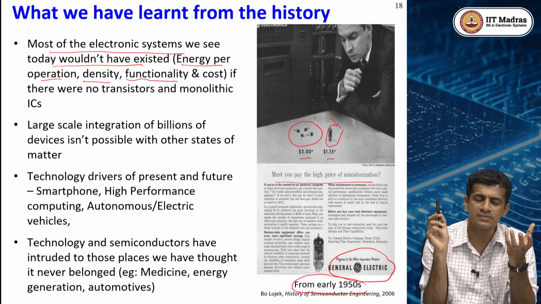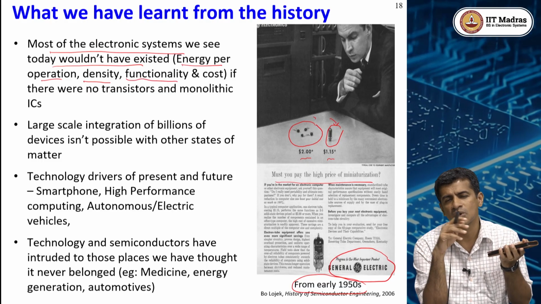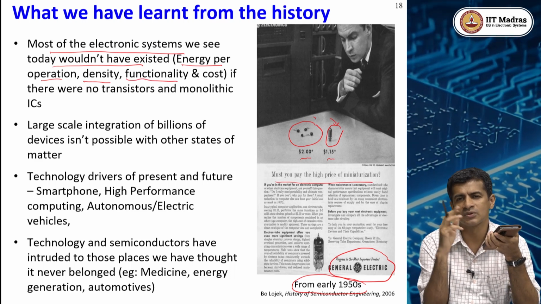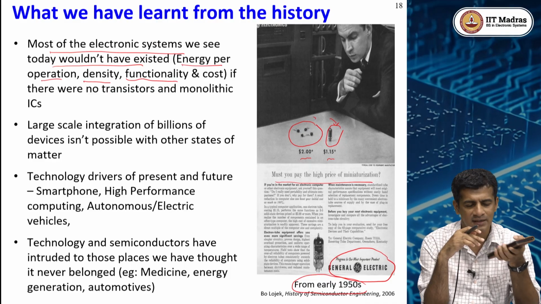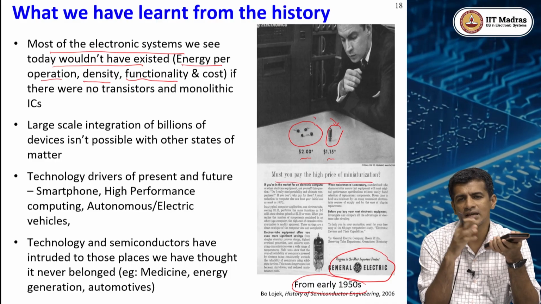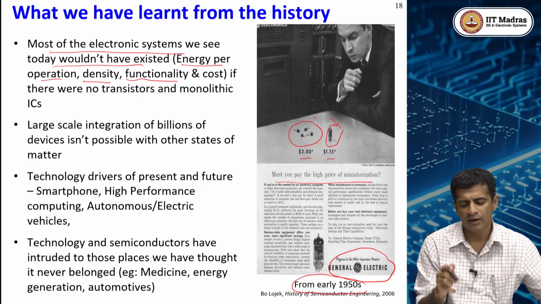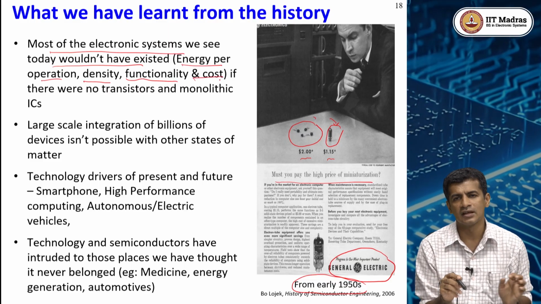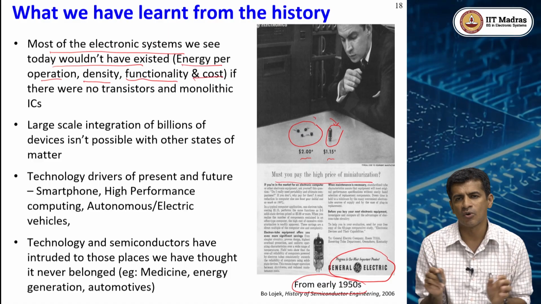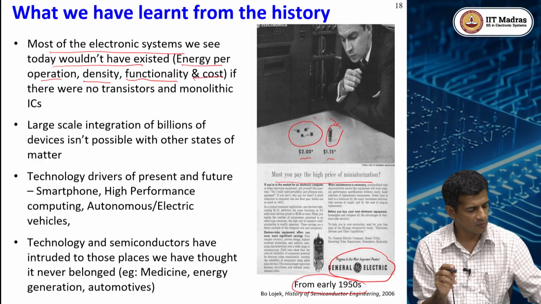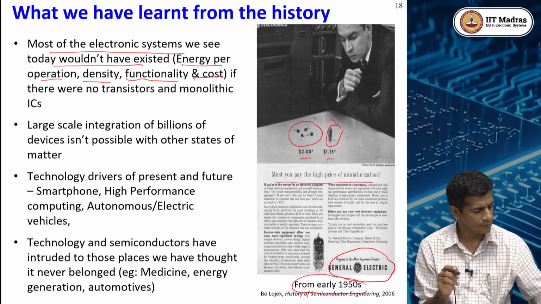You have this modern day smartphone, which is not only used to make calls, as was the purpose of the old phones in the 80s and 90s. It's like a mini supercomputer in your hand, and at what cost. If there were no transistors and no monolithic integrated circuits, the electronic systems would have been totally different.